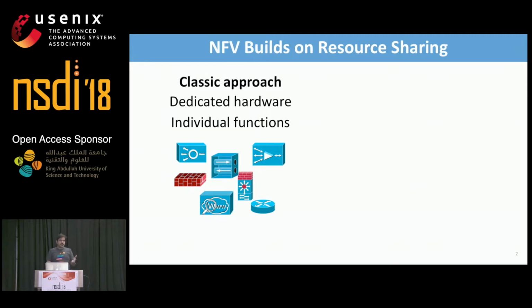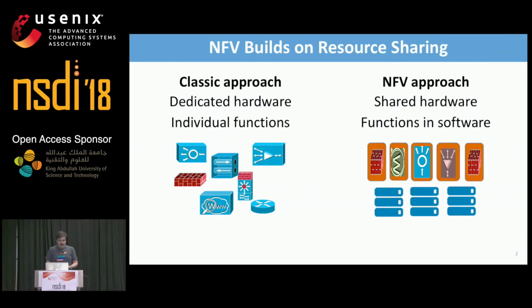Traditionally, networks are built out of fixed function hardware appliances, whereas with network function virtualization, these functions, which we refer to as network functions, are implemented in software and are multiplexed and run on a shared infrastructure, basically a pool of commodity servers.